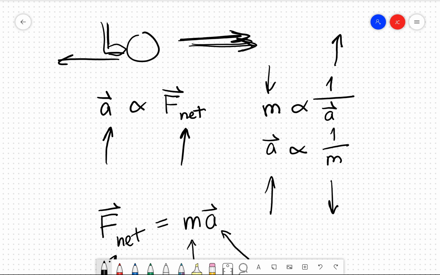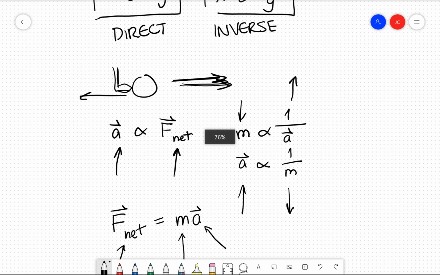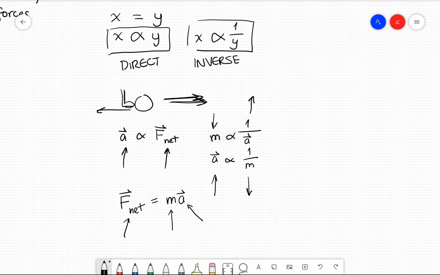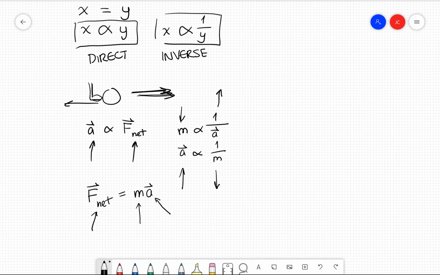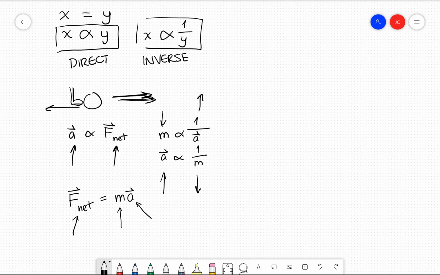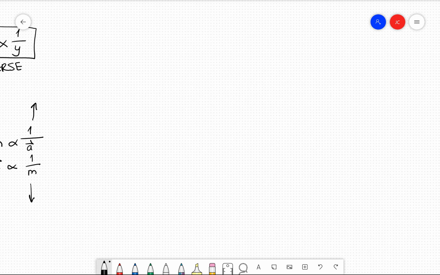It's going to change speed, it's going to change direction, it's going to gain an acceleration. This is pretty intuitive. And an object's mass affects the acceleration. The higher mass gives it a lower acceleration, inversely proportional. That is at its core what Newton's second law is all about. And that's really all you need to know for now. Just make sure that that concept is really ingrained.